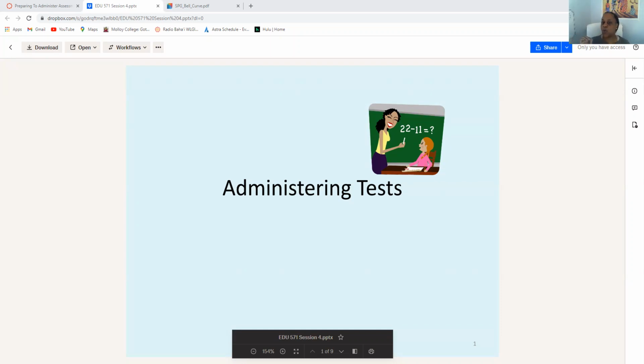So when a student is taking a one-to-one test with an assessment tool that is norm referenced, there is a choice of scores that can be reported. In sessions past, we talked a little bit about it.